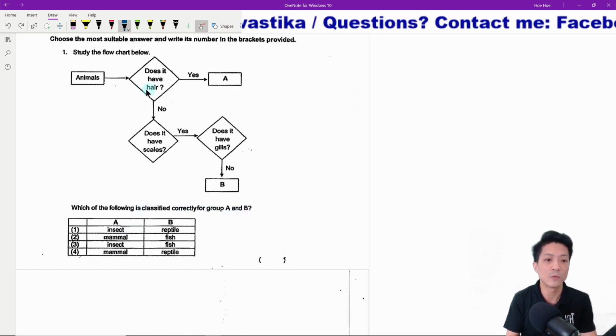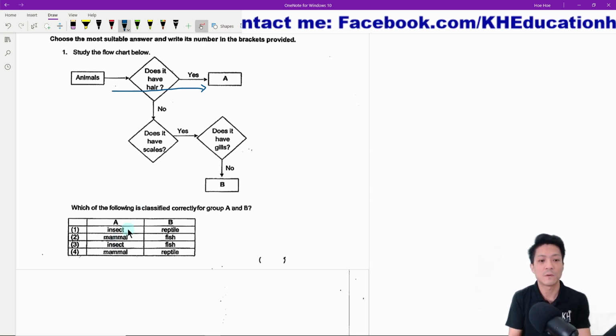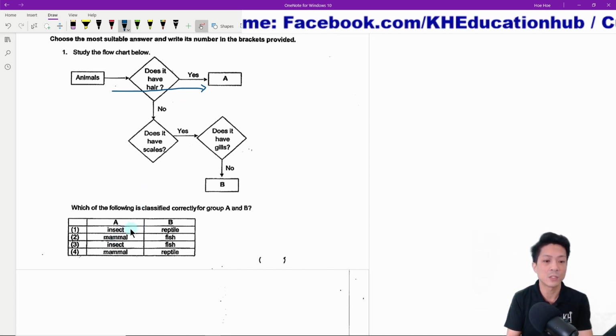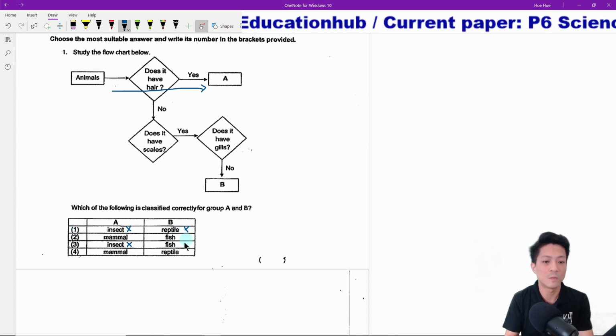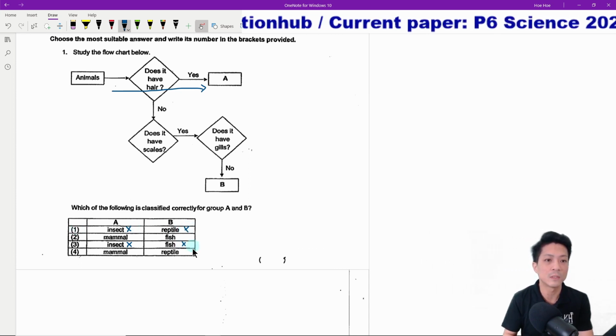So we're gonna look at group A first because group A will be a bit easier. Animals that have hair. Okay, so for animals that have hair, we're gonna eliminate insect for sure, which means that option 1 and 3 are out.